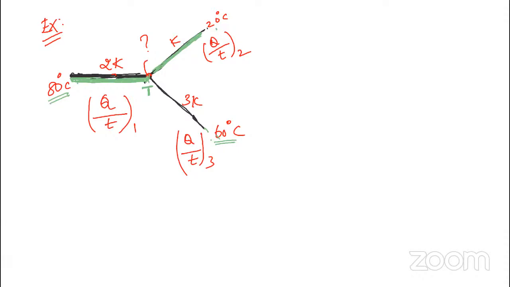That is the question, first one. So first we have to check whether the two rods are having equal amount of the rate of flow of heat. We check. Okay, right. So when checking, check here, it is 3K and here it is K. So which one should be larger?